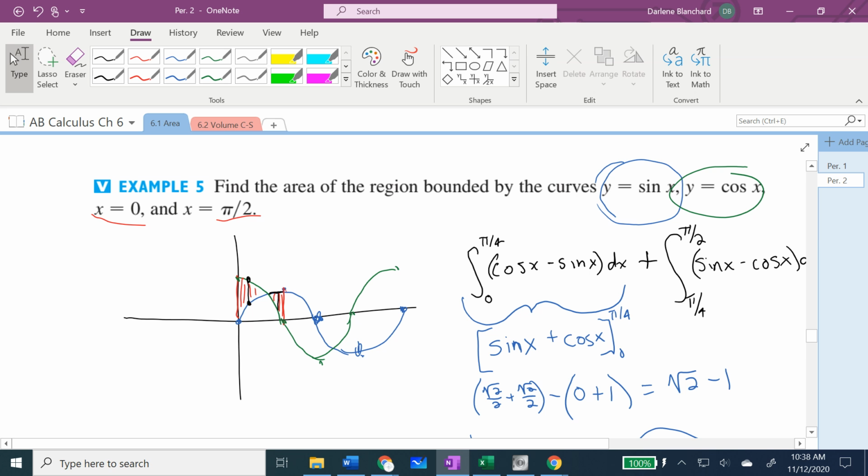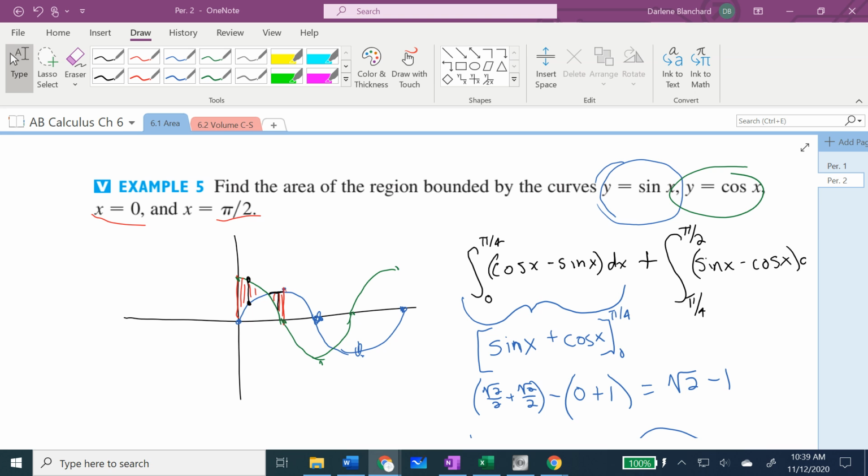Can you shade the rest of the possible area? Like, could you continue to show where else the area would possibly be so we can visualize it? Like, in that picture? You know what I mean? Oh, you mean if we kept going? Yes.